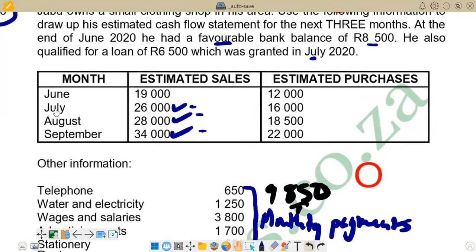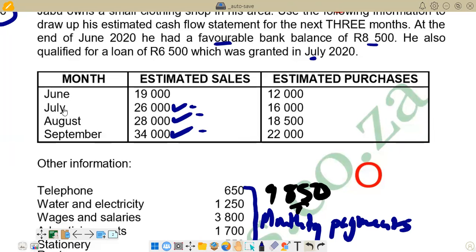In the cash flow, we put it under July, because cash flow is concerned with when the money was actually received. Cash flow statement is prepared on the cash basis. So when the cash was actually received or paid, that's when we record it, which is different from the income statement, which is prepared on the accrual basis.